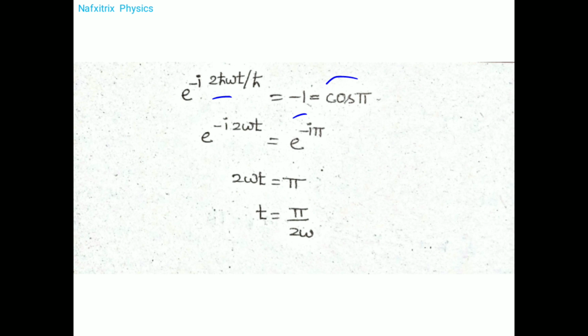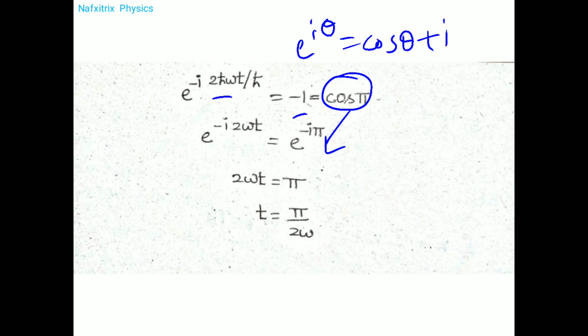We can write this in the form e^(-iπ), since e^(iθ) equals cos θ plus i sin θ.